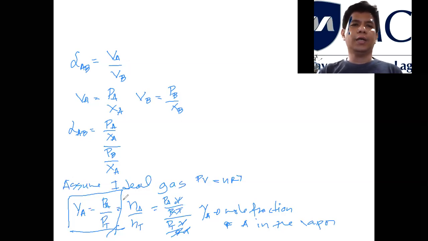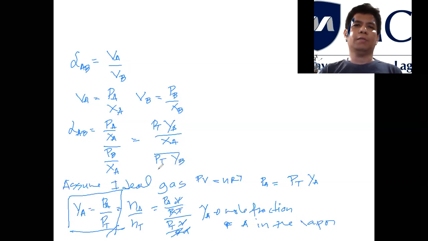Okay, so we substitute this equation. As you can see, P sub A from this equation is P total times Y sub A. If we substitute this into the original equation, you're going to get P total Y sub A over X sub A divided by P total Y sub B over X sub B. Okay, and then P total will cancel out.